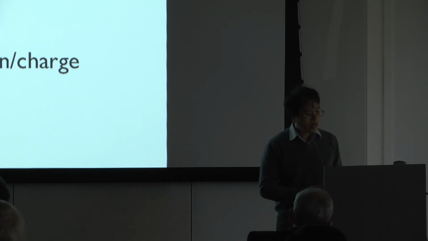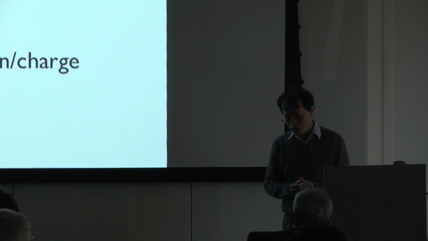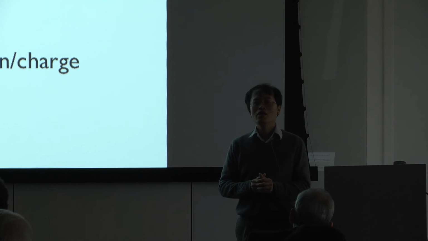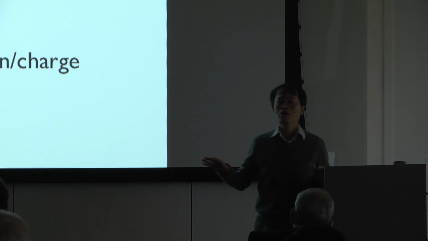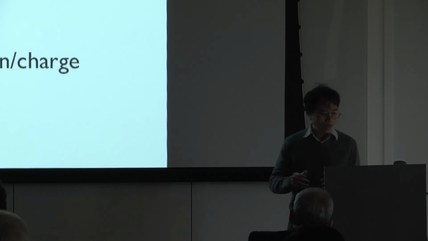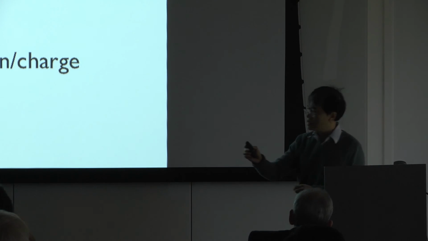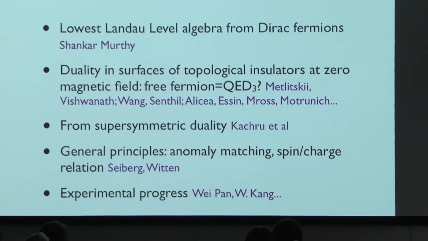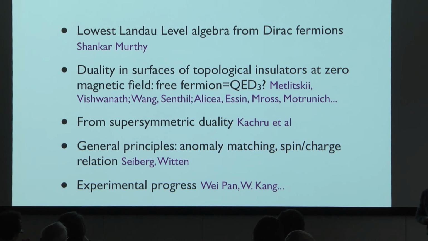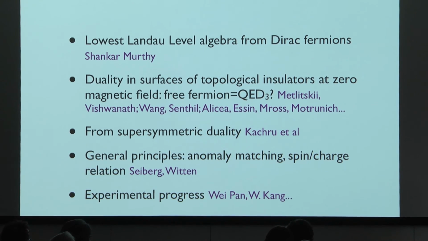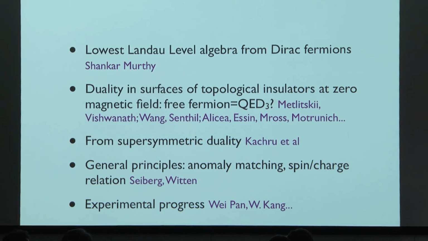There is no derivation except that, from my perspective, all the derivations made in the literature are based on the mean field approximation, which is not a reliable derivation. The work of Mross, Alicea, Motrunich, and Essin is probably closest to a derivation of the theory, but they rely on a discretization of the theory in one dimension.